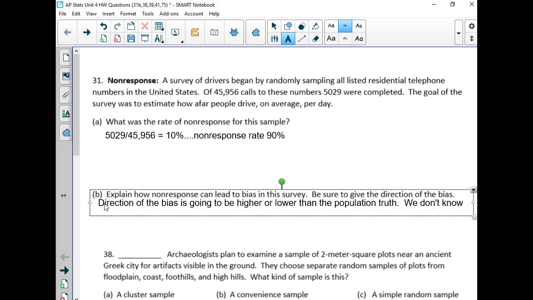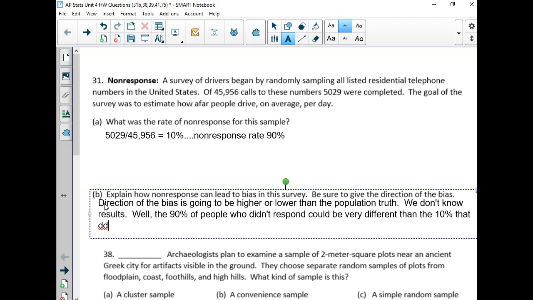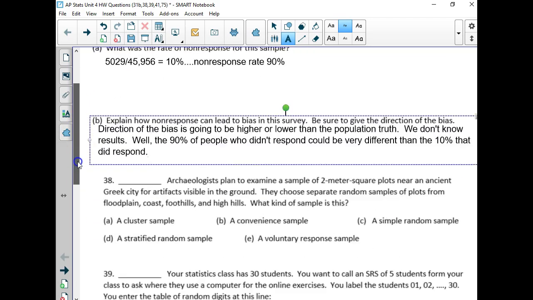We don't know the results. Why will it be that way? Well, the 90% of people who didn't respond could be very different than the 10% that did respond. So there's number 31 for you.